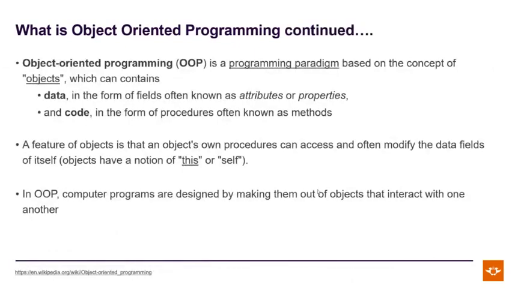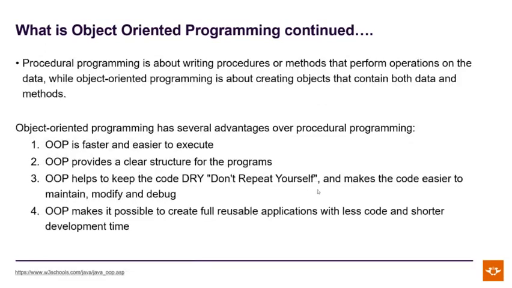Again, this is another definition for object-oriented programming, but it's breaking it down into data and code. So an object has data and methods, code. It has the ability to act on itself. Remember, object-oriented programming also refers to don't repeat yourself.